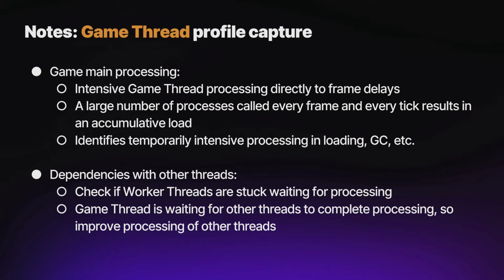If the game thread is just waiting for something else, like a worker thread or async loading thread, it may not be the actual bottleneck. So when you're analyzing delays, don't assume the game thread is always to blame. It could just be stalled by another part of the system.